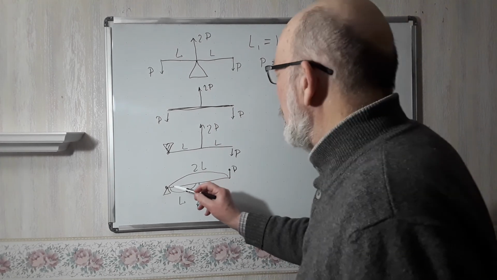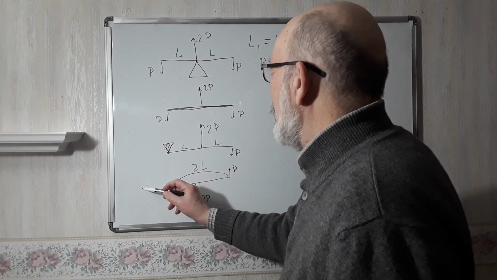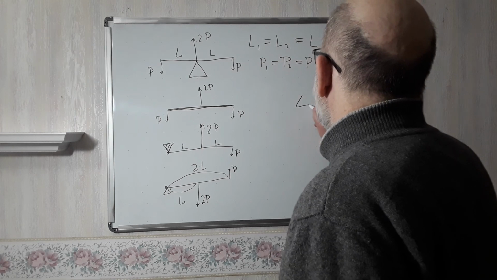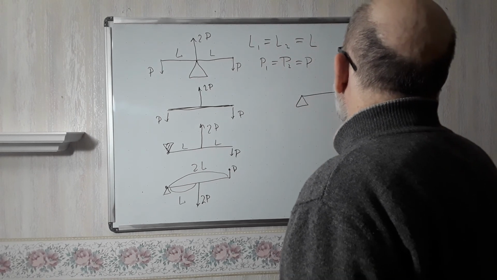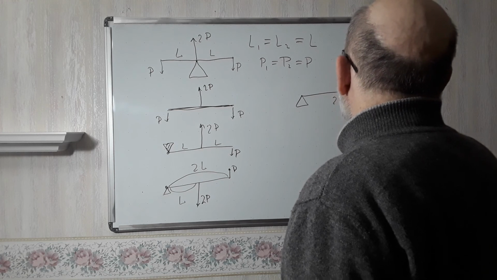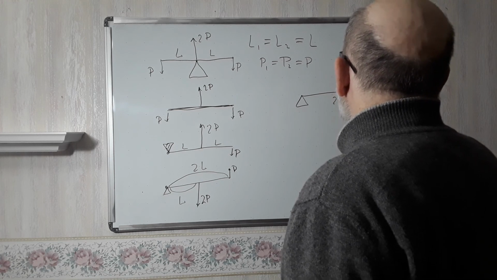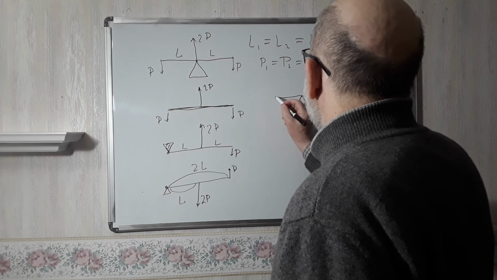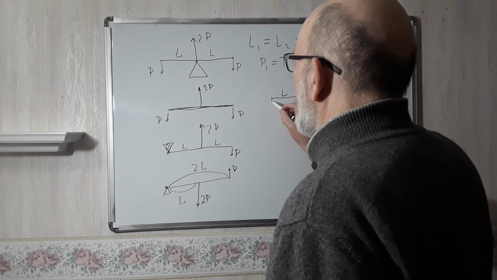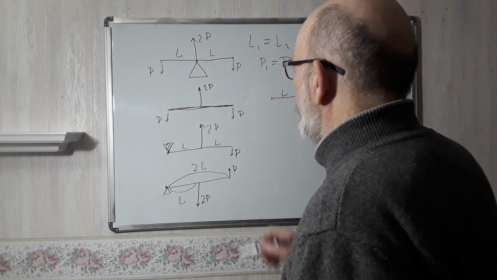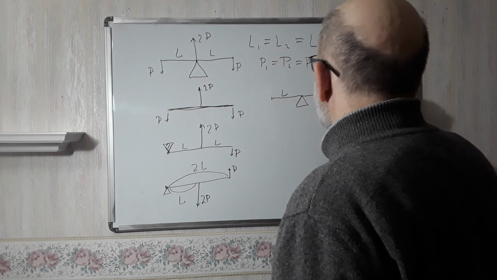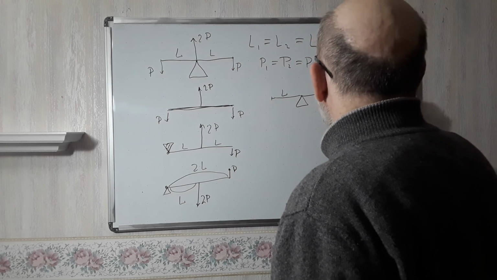You can continue this lever up to the left. So this 2L. This is P. Continue it to the left. It is L. And apply here the force 2P. I'm sorry, it is applied here to the right.